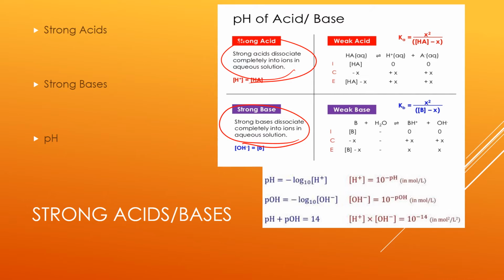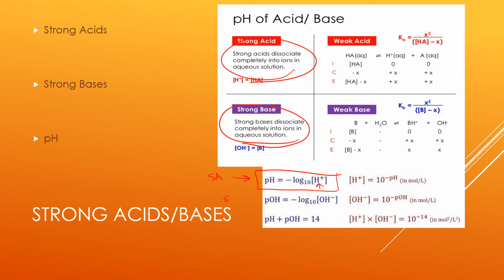When I am trying to find the pH of strong acids or strong bases, I find it by pH equals negative log of my H+ concentration. This is what I use if I have a strong acid. I directly plug in the molarity of the strong acid for its H+ concentration. The reason why I do that is because it dissociates 100%.